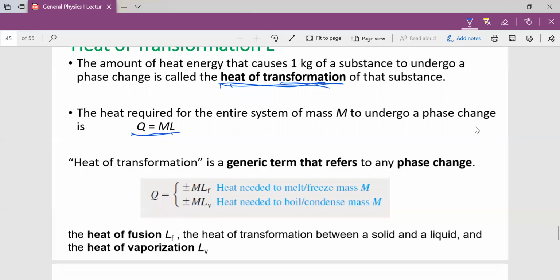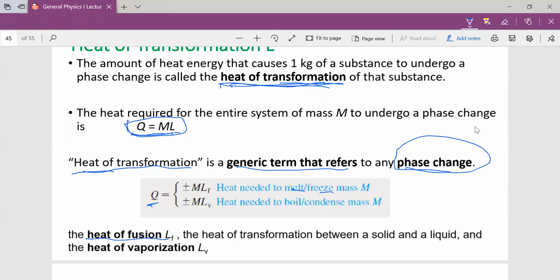Okay, so you see that we are just using the word heat of transformation in a generic term to describe or quantify the heat in a phase change. So for that, which we have defined as Q equal to mL, when it is about freezing or melting, we use F, which means the heat of fusion.